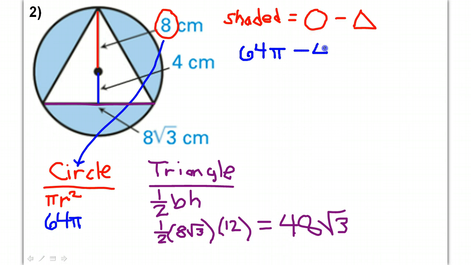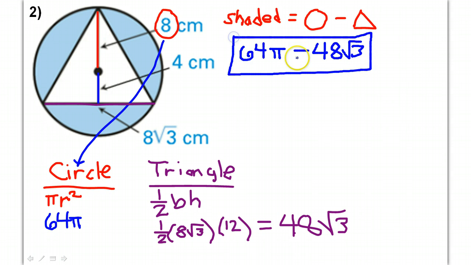So that's going to be minus 48 radical 3. This should give us the shaded area. Now, as far as an exact answer, Siobhan, this is exactly what you would put on your paper. There's no way to subtract these. They're not like terms. But if I wanted a decimal, then of course you would type this entire thing in your calculator. 117.9.